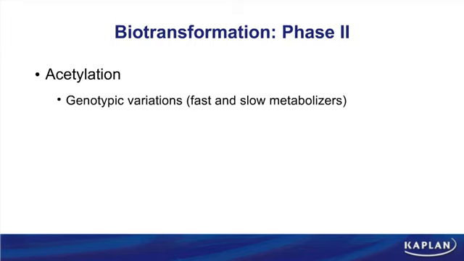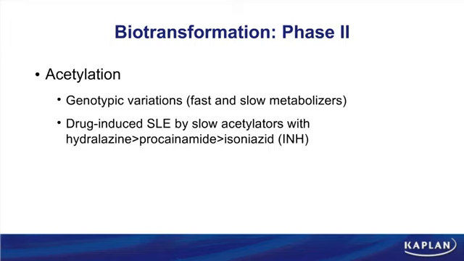The side effect that you've got to watch out for is drug-induced lupus. Drug-induced lupus happens in slow acetylators who take the drugs hydralazine, procainamide, or isoniazid. Hydralazine is the most popular test question because it's the drug that is most likely to produce drug-induced lupus. But importantly, it only happens if you're a slow acetylator.